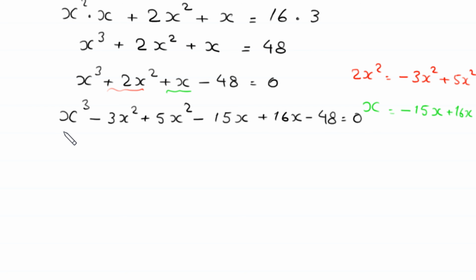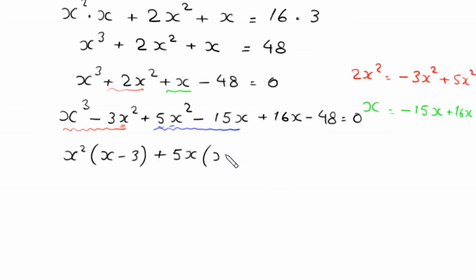Now from these two terms, x cubed minus 3x squared, we can factor out x squared as common factor, and in bracket left x minus 3. And from these two terms, 5x squared minus 15x, we can factor out 5x as common factor, and in bracket left x minus 3.